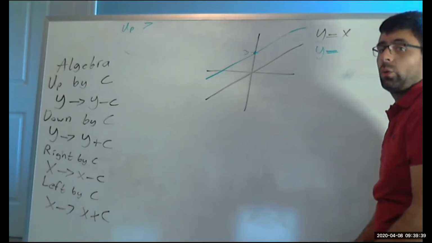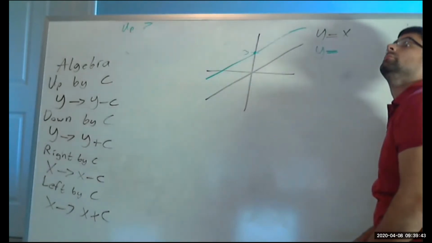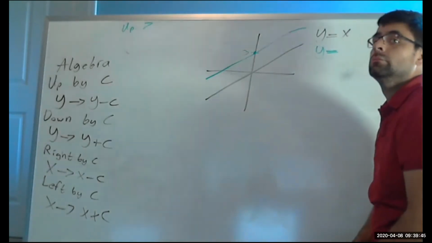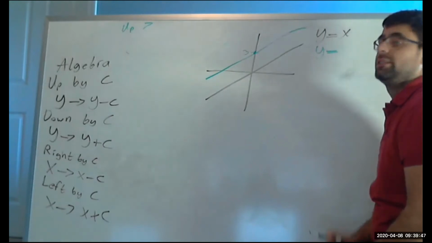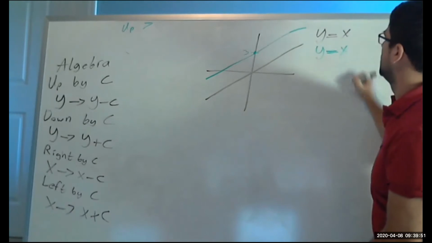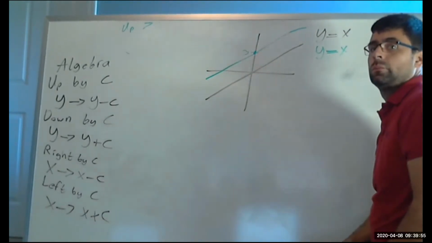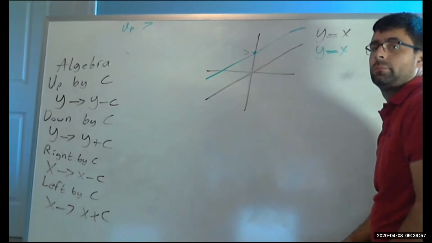Two things are parallel. What is true about their slopes? It's the same. So the slope was 1. It is now 1. So what is the y-intercept of the green one?